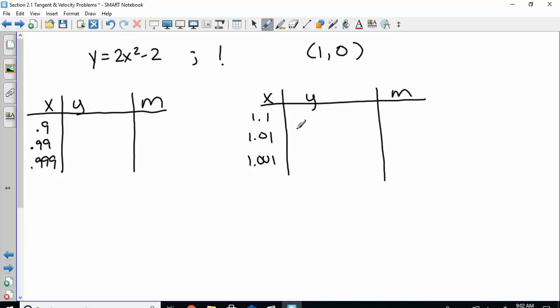Plug it in. So I'm going to do 2 times 0.9 squared minus 2. Okay, and then I have to plug in 0.99. Does everybody know where my y values are coming from?